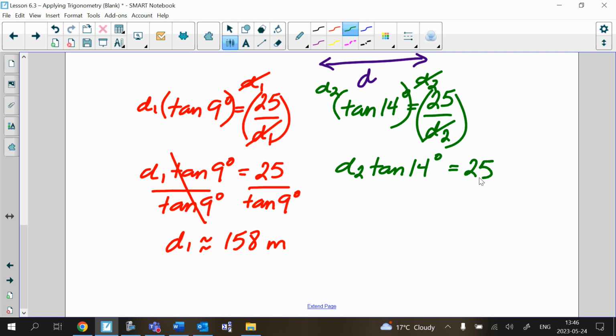To get D2 by itself, I divide both sides by tan 14 degrees. And therefore, D2 will equal 25 divided by tan 14. 25 divided by tan 14 is equal to about 100 meters.